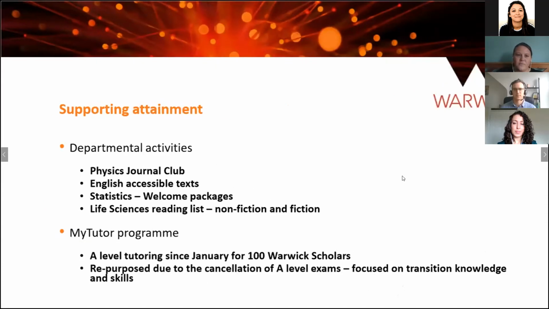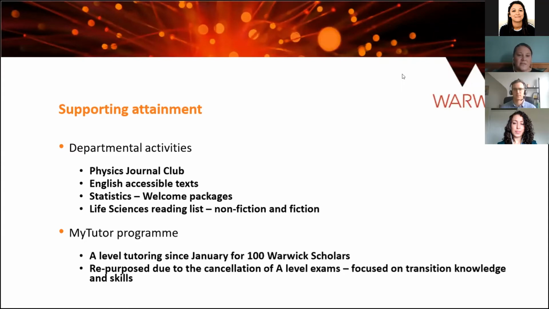So in terms of supporting attainment, lots of departments have actually got on board with this. For example, our physics department have started to run a journal club where they share a journal a week with offer holders or pre-entry students, but actually we can open that out to any student.